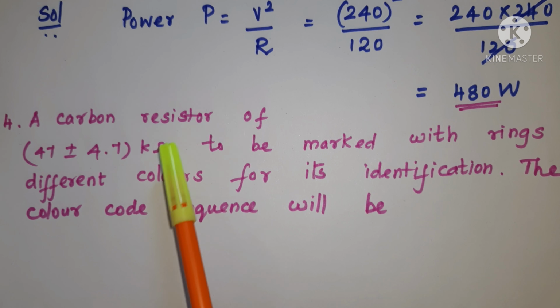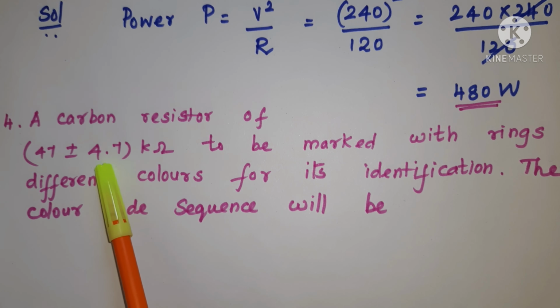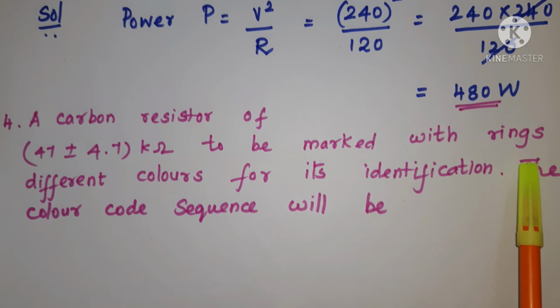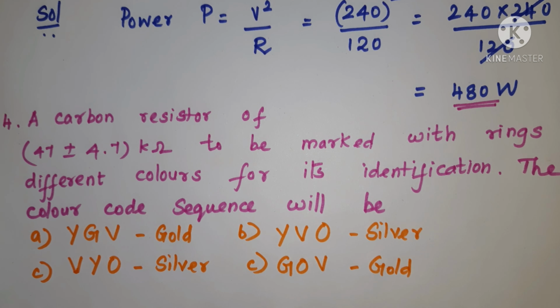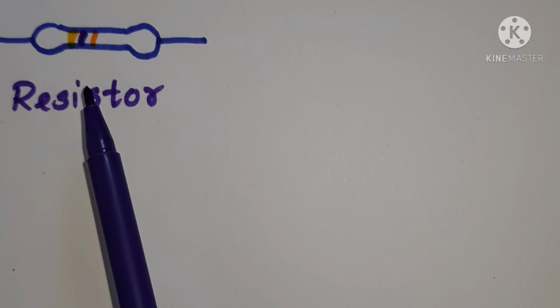Next one, a carbon resistor of 47 plus or minus 4.7 kilo ohm is to be marked with rings of different colors for its identification. The color code sequence will be, the solution is, the color rings are used to indicate the values of a resistor.